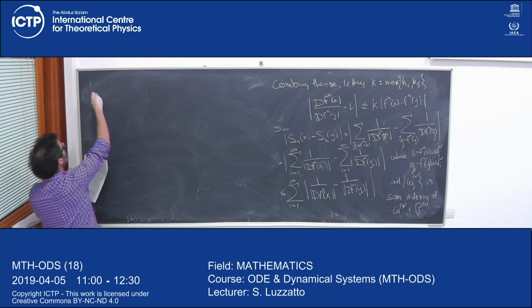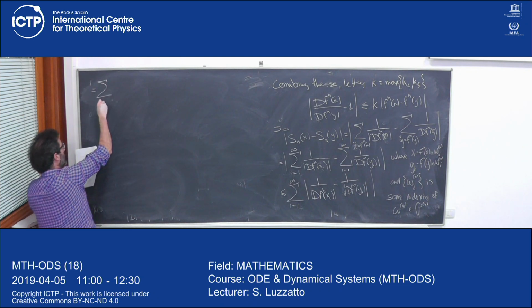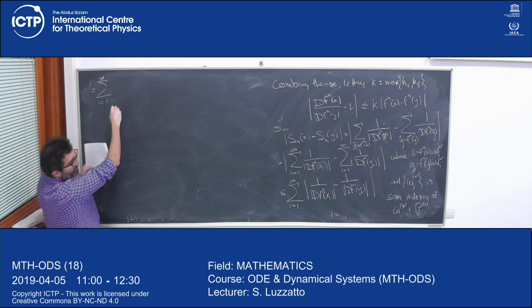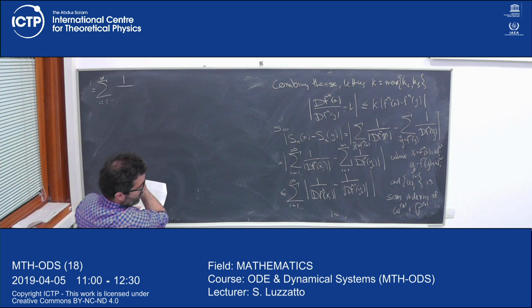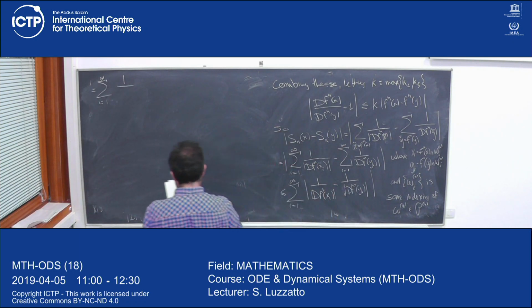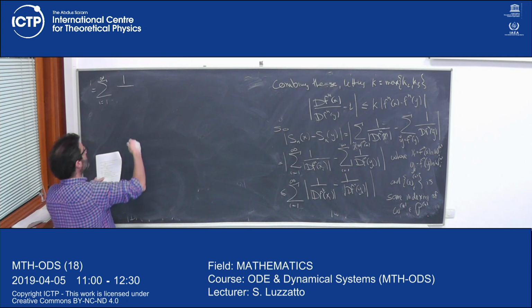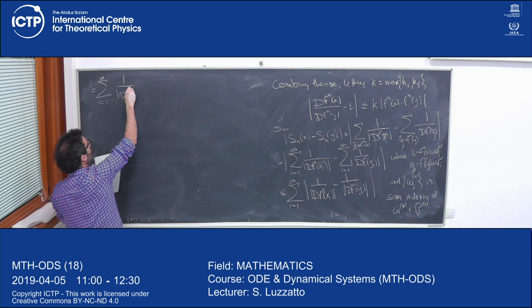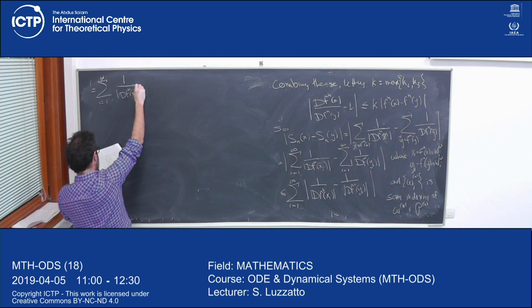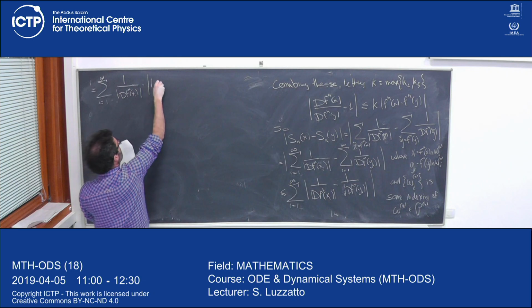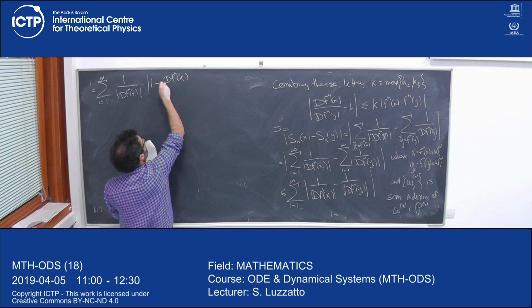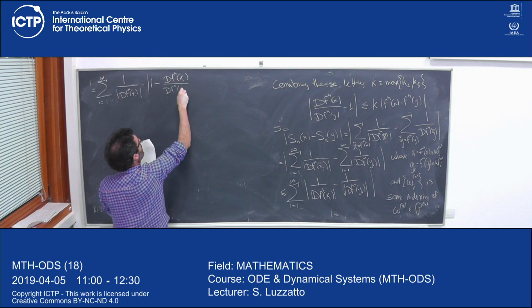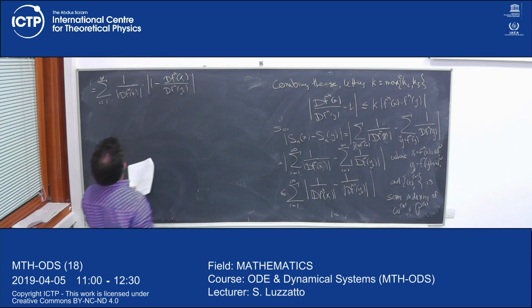I can write this as equal to the sum i equals 1 to infinity of 1 over the derivative of f^n at x_i, times 1 minus the derivative of f^n at x_i over the derivative of f^n at y_i. Okay, that should be right.